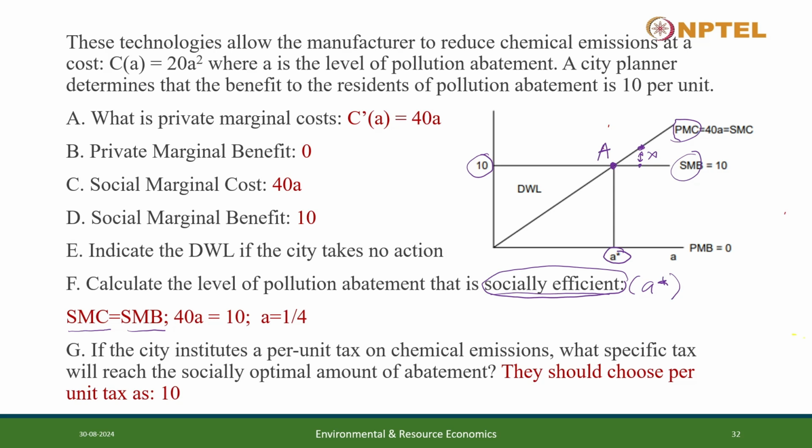Social marginal cost is our curve here, 40A, and social marginal benefit is 10, right? If you equate these two, then you get the value of A star, which will be equal to 1 by 4. Is it clear? A star will be equal to 1 by 4.